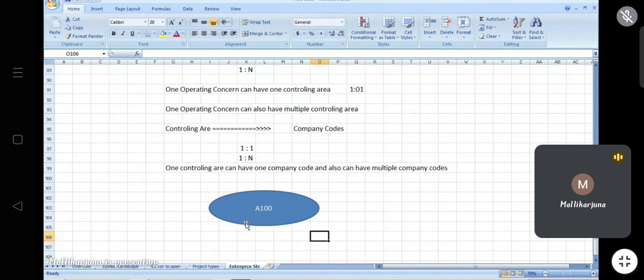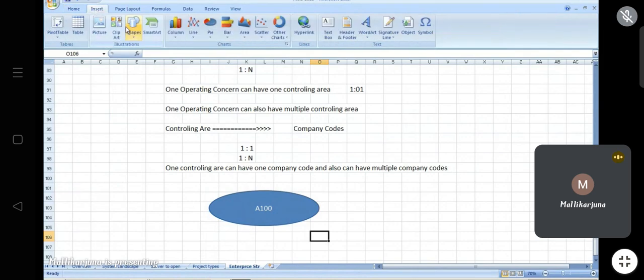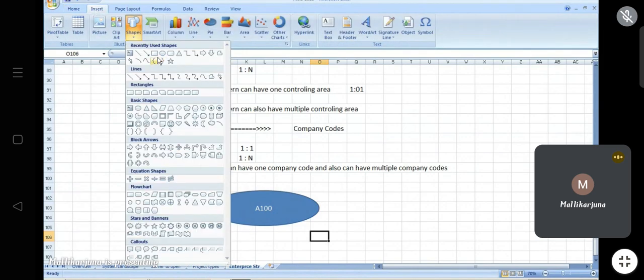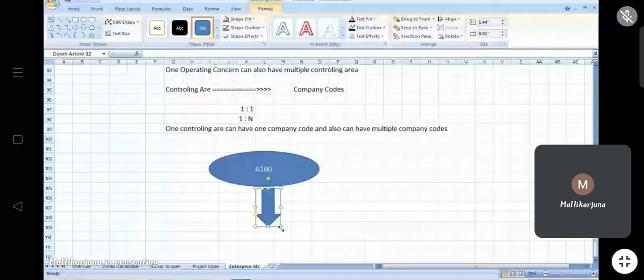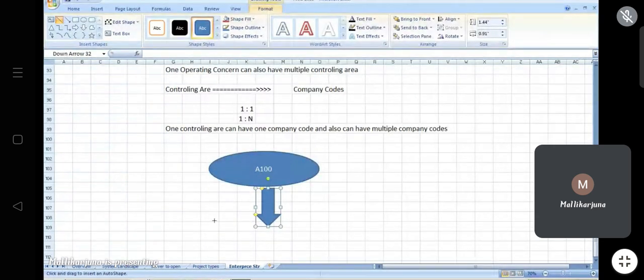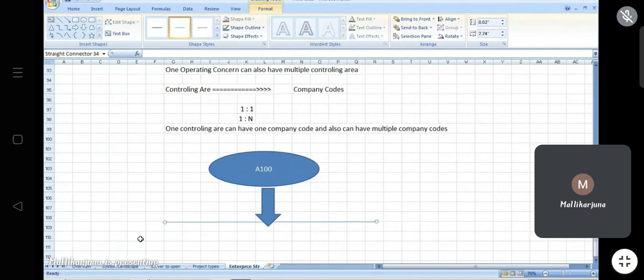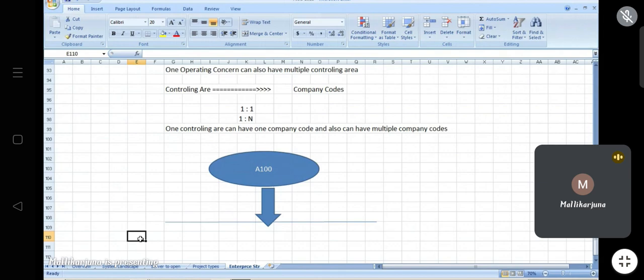I have four product lines. So, product line 1.